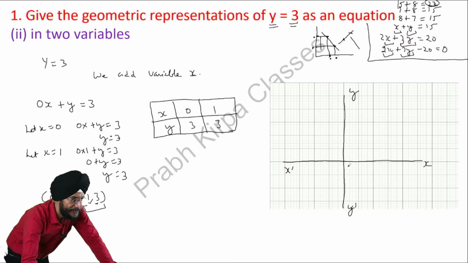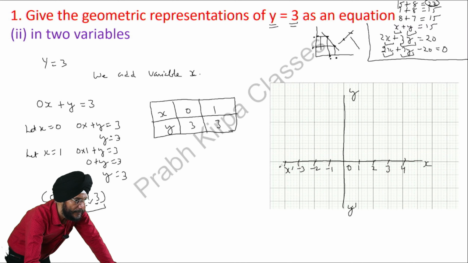So now 0, this is 1, this is 2, this is 3, this is 4, minus 1, minus 2, minus 3, minus 4. Here it is minus x-axis. Here it is minus 1, minus 2, minus 3, and on the y-axis 1, 2, 3, 4.